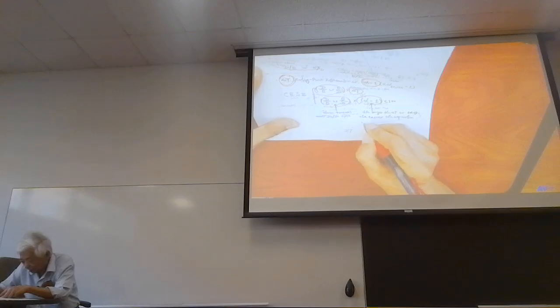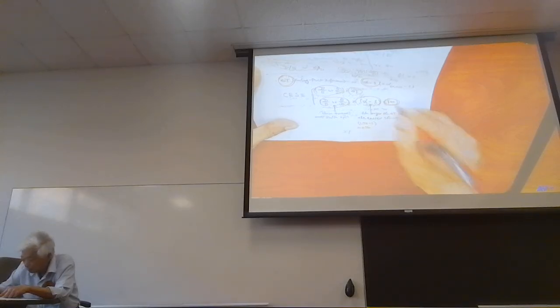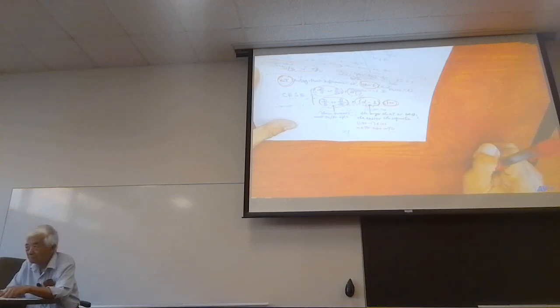Say alpha is 1.70, minus 1 is 0.70, right? We do not like to work with decimal points, so we multiply by 100. Aha!